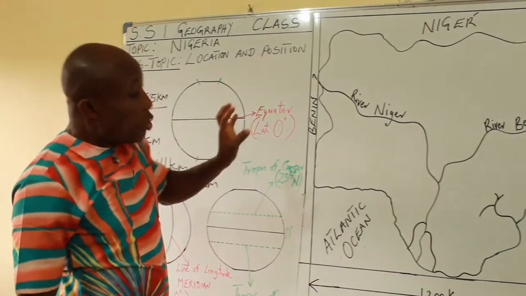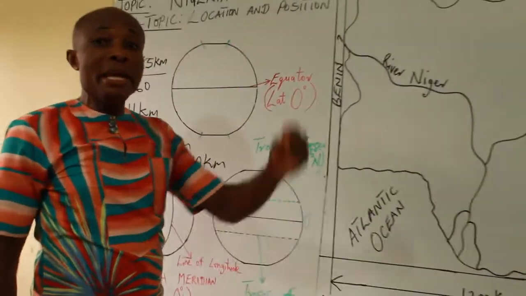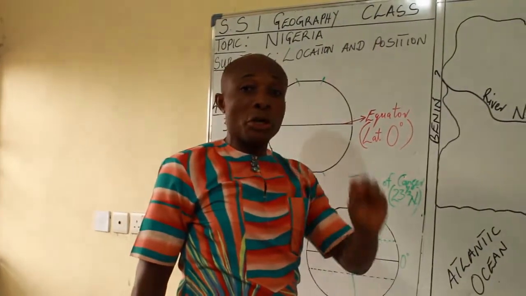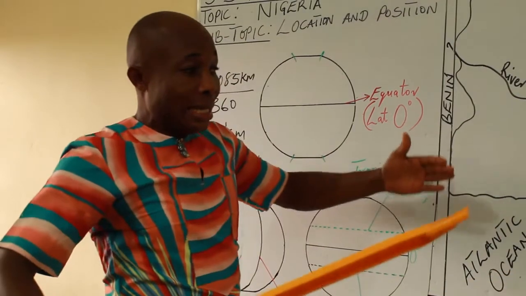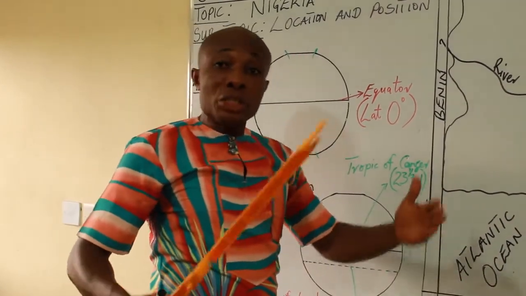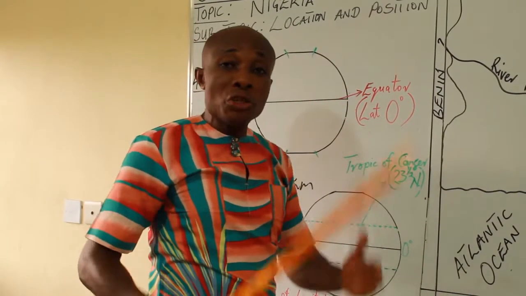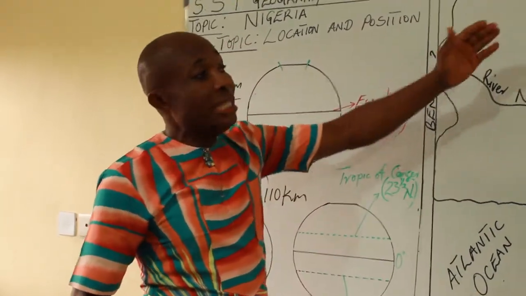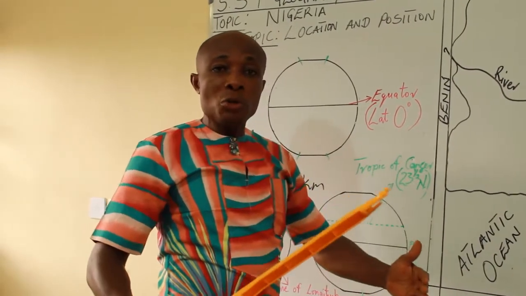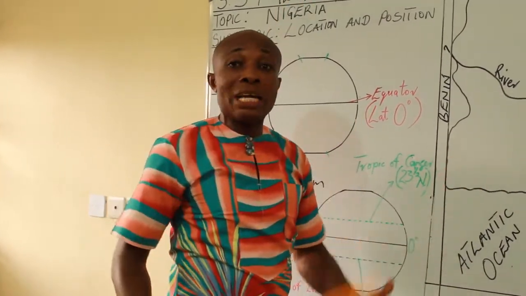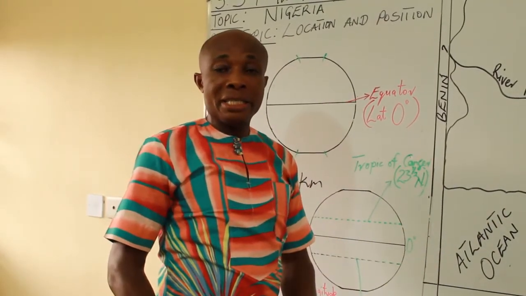Now that you have known the position of Nigeria, that Nigeria is situated within the West African sub-region of the African continent, and also between 4 degrees north of the equator and 14 degrees north of the equator, if you really want to determine the extent Nigeria as a country covers, we have 10 degrees.